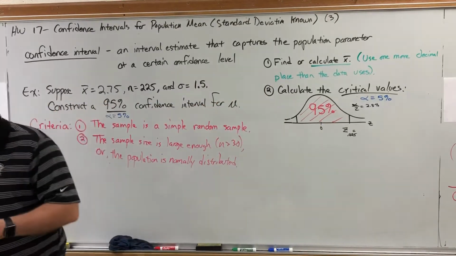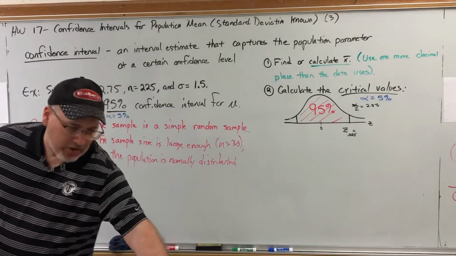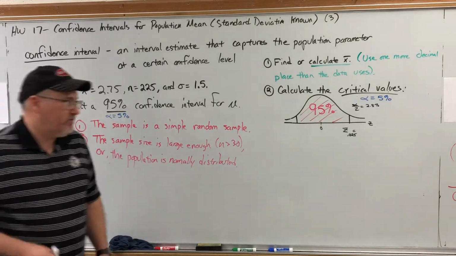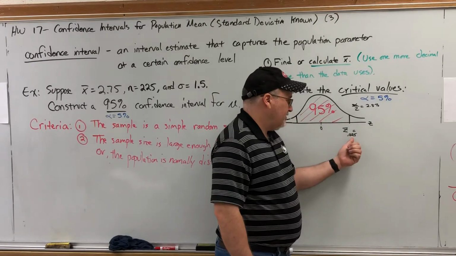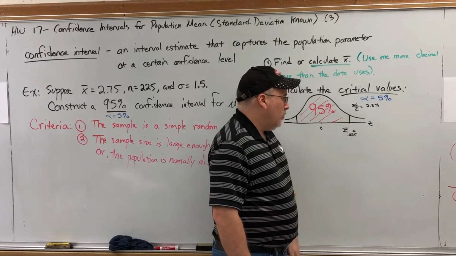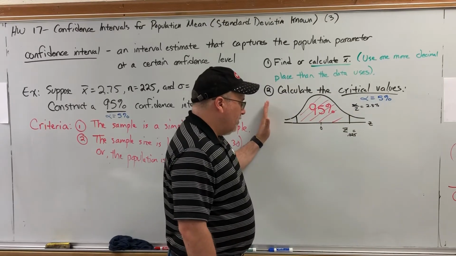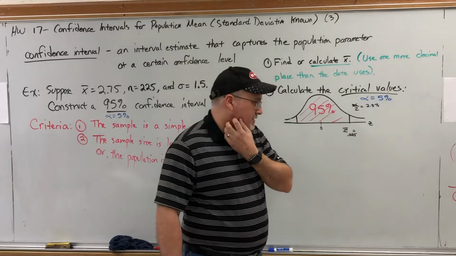It's z-chart time. Remember that the z-chart tells you left areas, not right areas. So if we're going to look up this z-value, we can either look up the area to the left of it, or look up the area to the right and remember that the sign is incorrect.